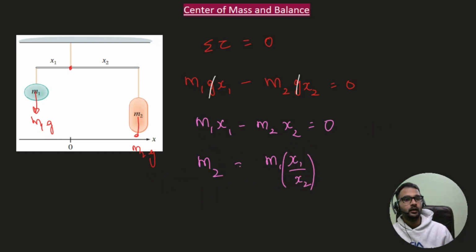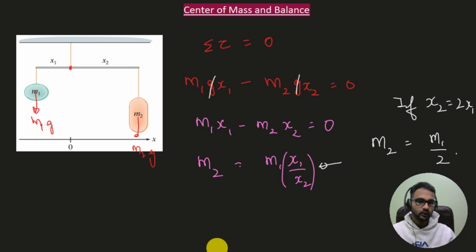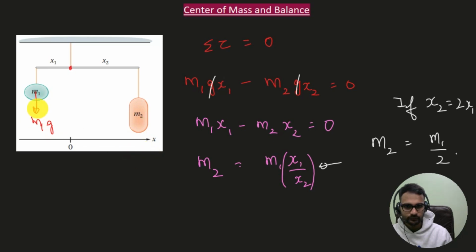Now suppose x2 is 2 times x1, so m2 will be half of m1 by using this. So we have obtained what mass you should place here so that the system is in static equilibrium.